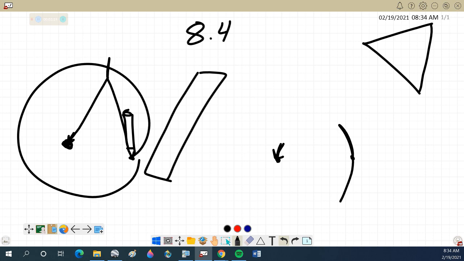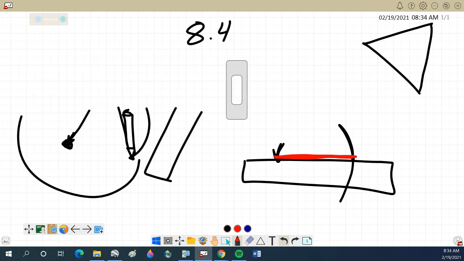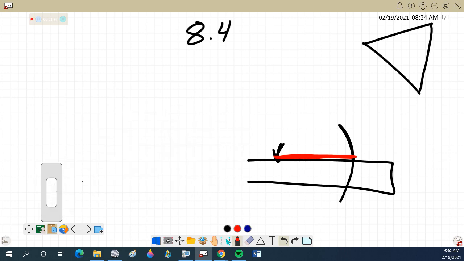You didn't have to draw a whole circle, you could just draw a little bit of an arc, and then you get your straight edge, and using your straight edge you draw a segment from there to there. Yeah, that was in your last assignment. Okay. We're doing some different constructions today.